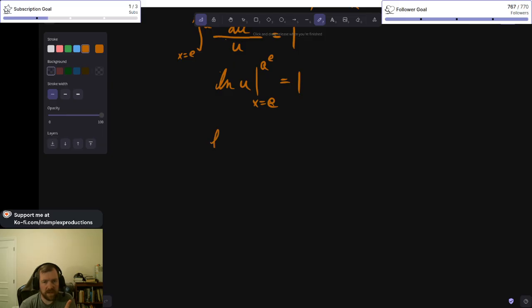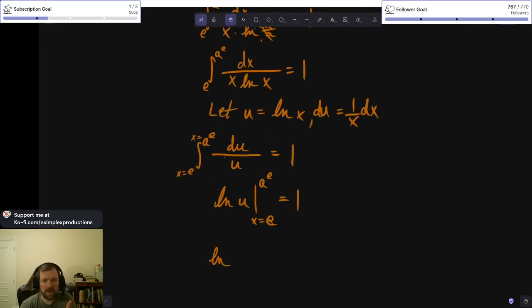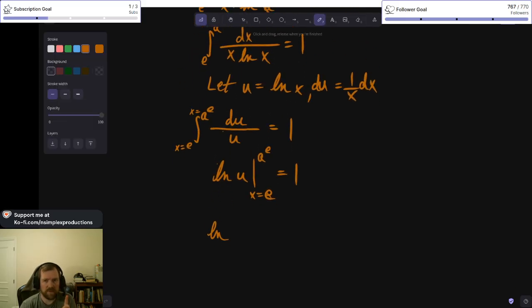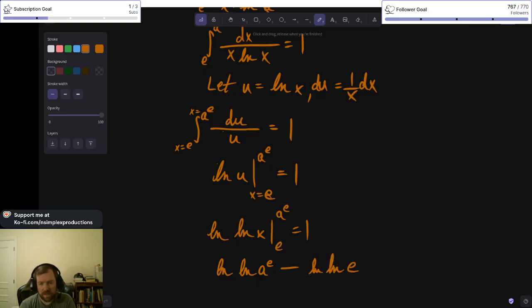So instead, natural log of u is going to be the natural log of x, evaluated from e to a to the e, equals 1. It's going to be the natural log of a to the e minus natural log of e.